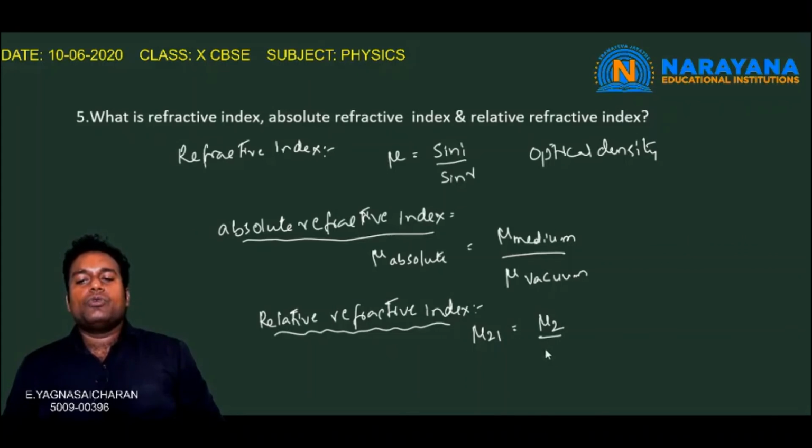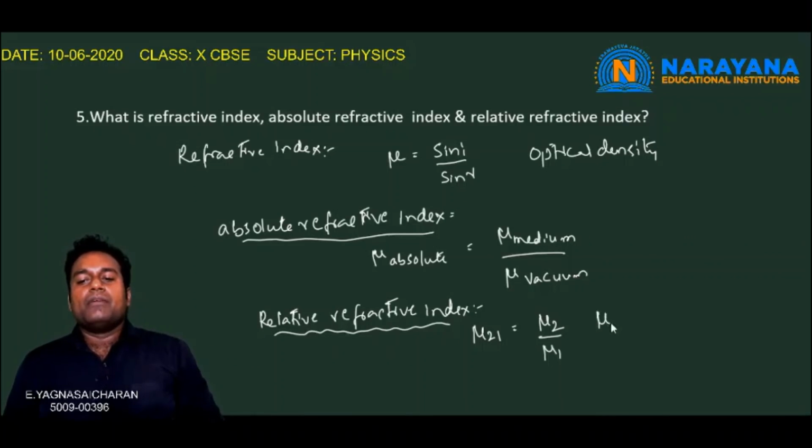So it is mu 2 upon mu 1. Whenever we are comparing two media, the relative refractive index of the second medium with respect to the first medium is given by the ratio of the refractive index of the second medium to the first medium.